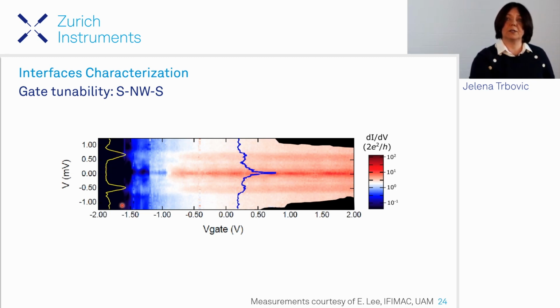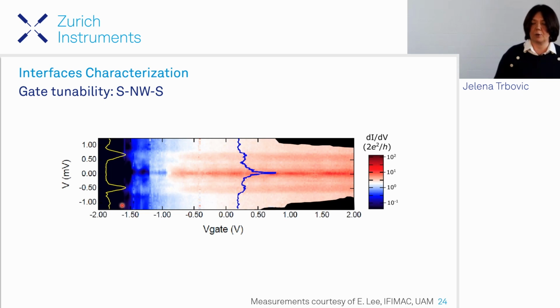And over here in this region of a closed barrier, we see tunneling. This is a little bit more complicated picture, which we'll not go into, but nevertheless, this is an example of how you can tune the transparency of the contact in the whole region.